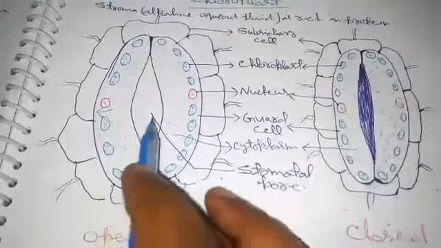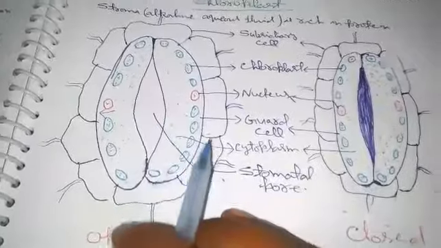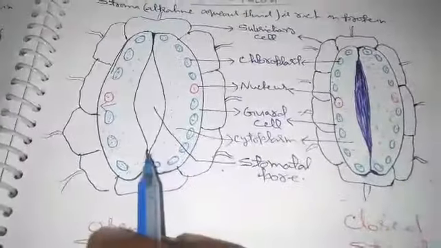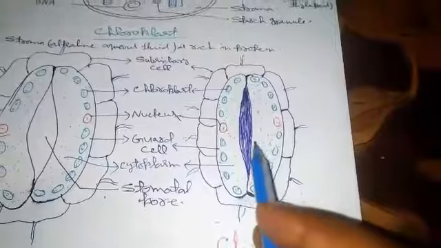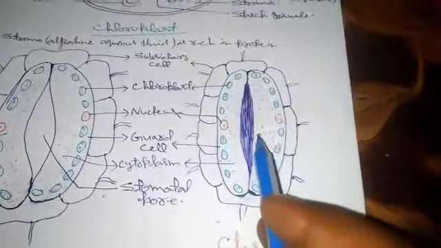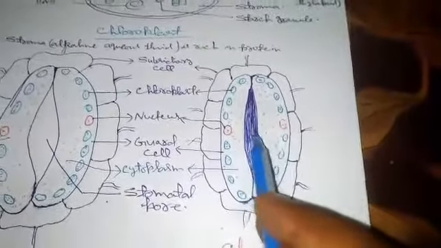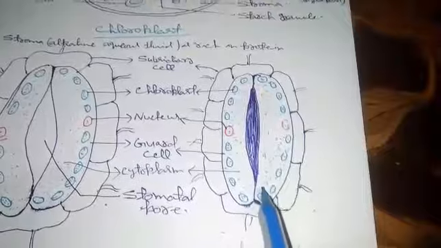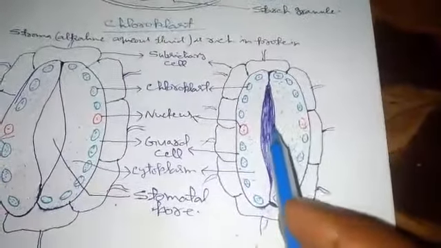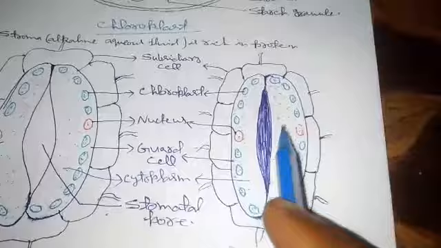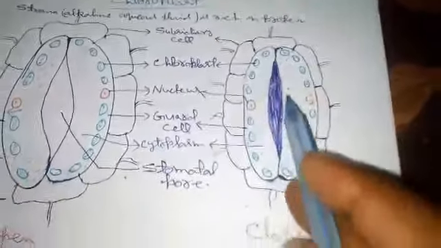From this open stomata, carbon dioxide enters into the leaf. This is the closed stomata. In night time, stomata are closed, and hence carbon dioxide does not enter into the leaf. So in night, plants do not perform photosynthesis.